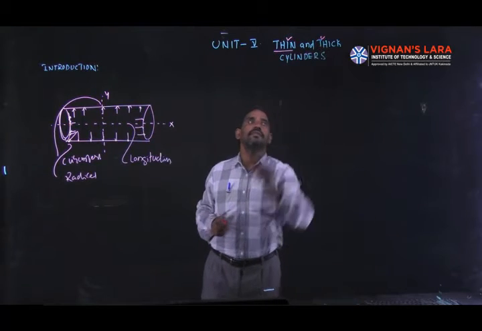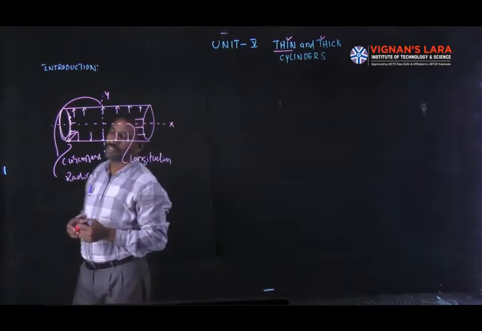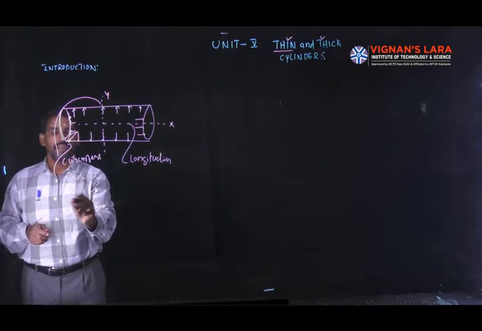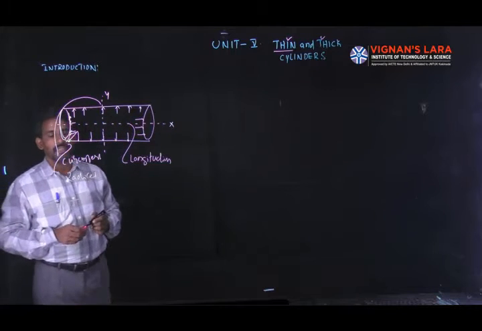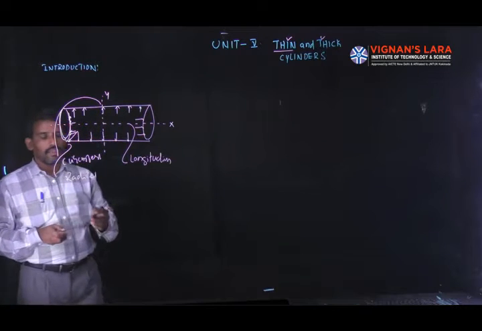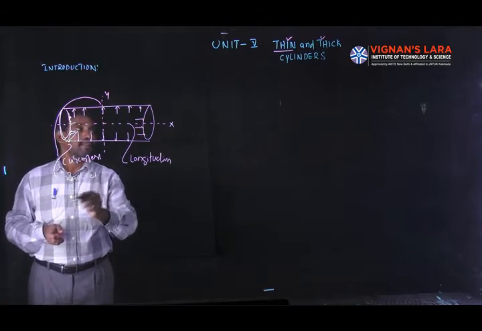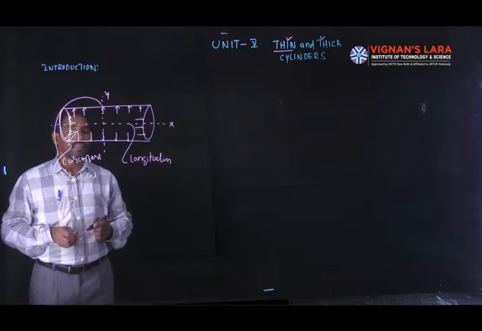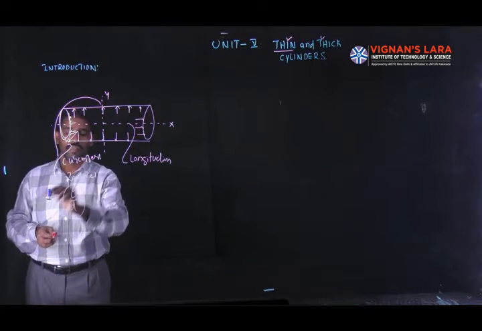What is the difference between thin and thick cylinders? It is the ratio between the thickness of the cylinder and the diameter. The difference between thick and thin cylinders is based on this ratio.